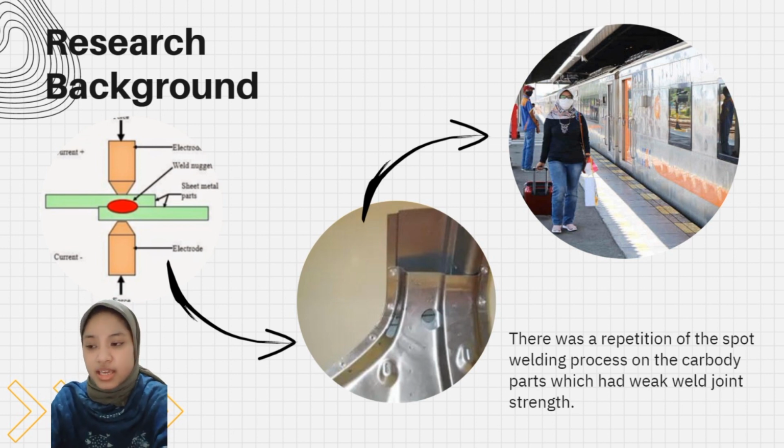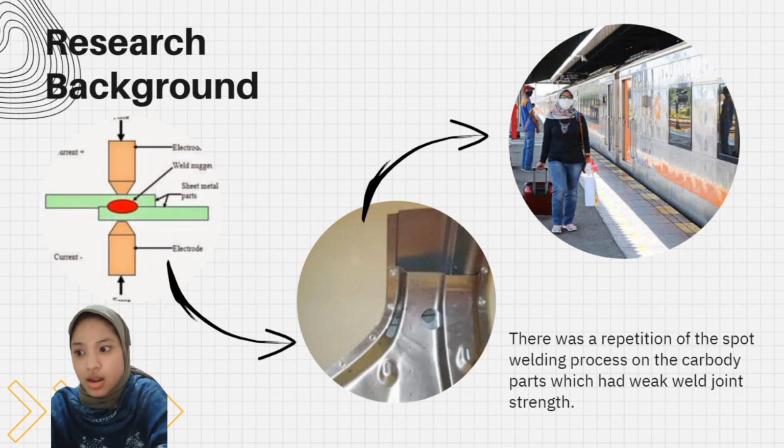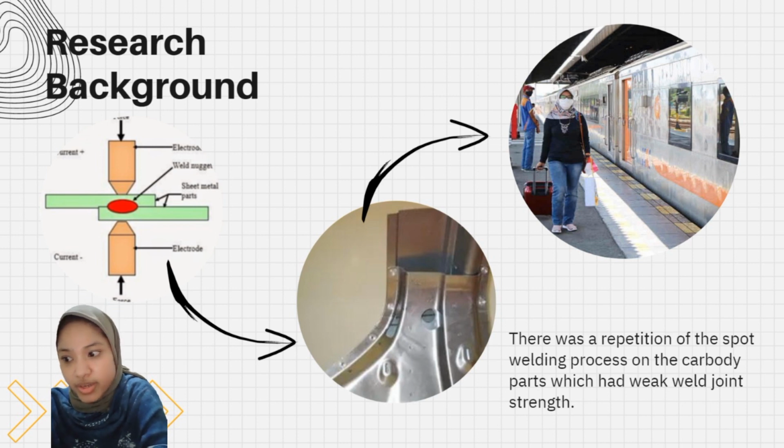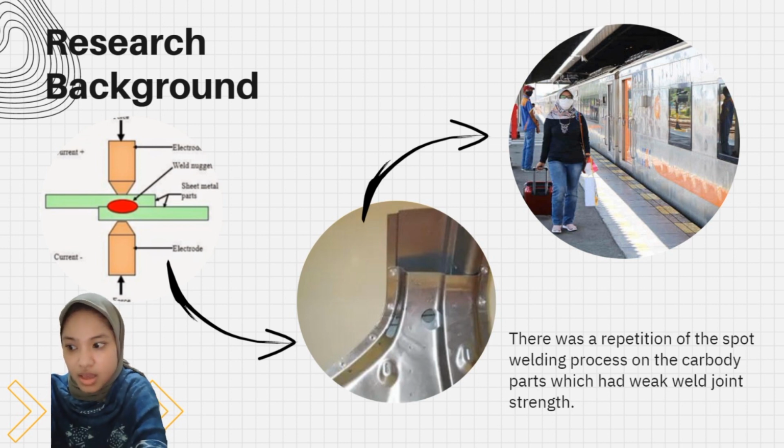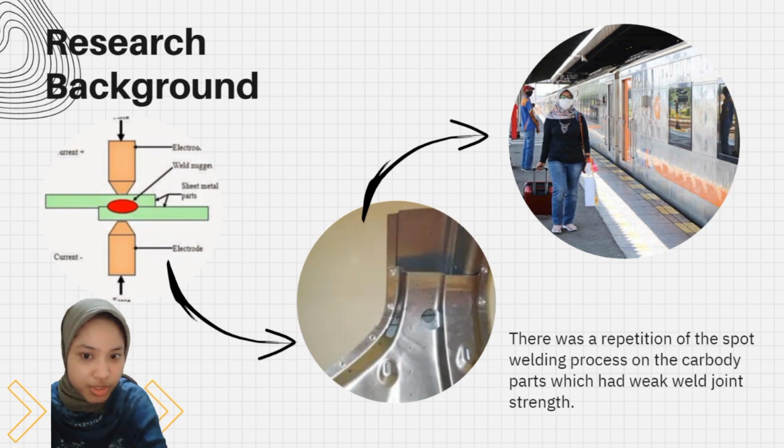And spot welding in the train manufacture process at Inka company is used to weld car body. The part is car body part.